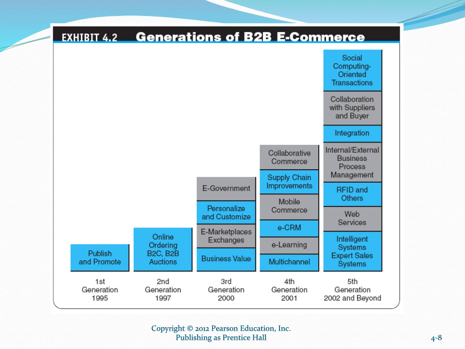Now, B2B e-commerce is not something that just popped up overnight. In fact, it goes back significantly further than what Exhibit 4.2 illustrates. The early days of e-commerce really included what were sometimes referred to as EDI, electronic data interchange, which were really private networks between large organizations that facilitated the ease of transactions and sharing them electronically.